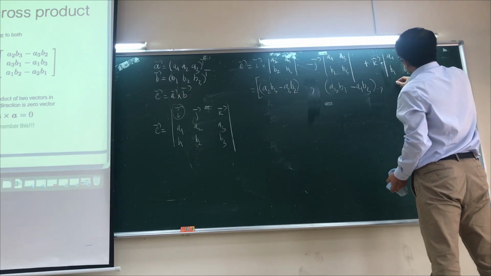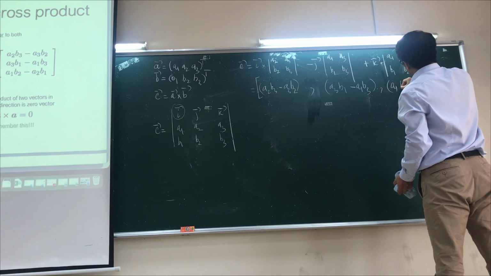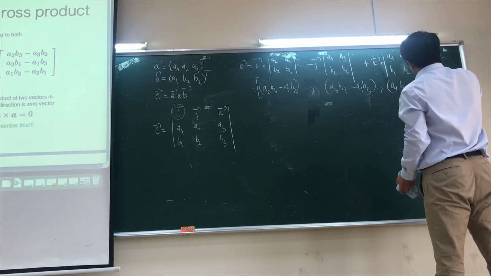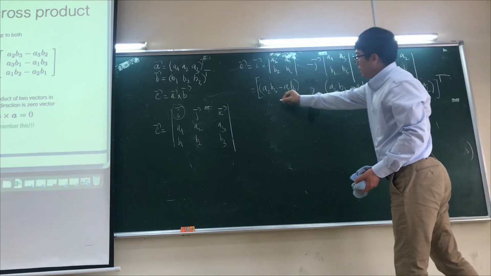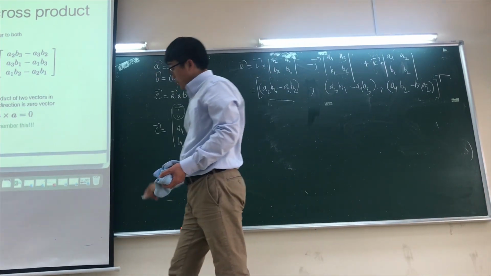And now here A1 B2 minus A2 B1. Okay, that is the first important method.